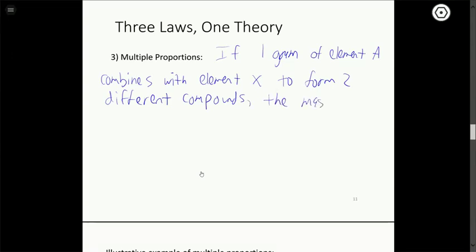So in order for this to happen, this 1 gram of A is going to combine with two different amounts of X to form those two compounds.